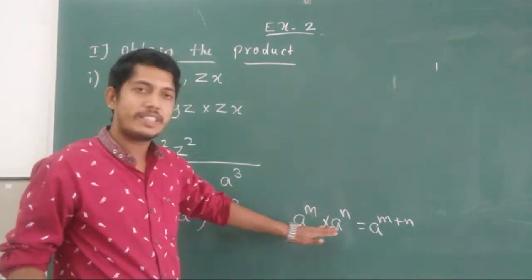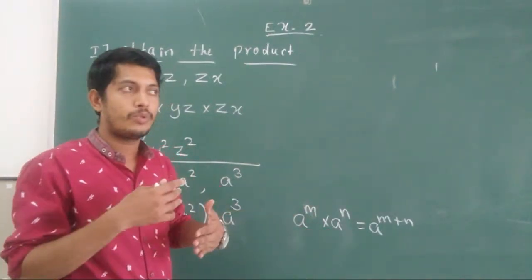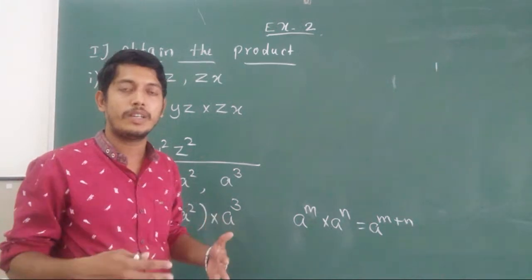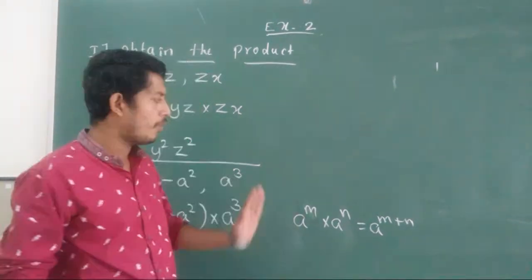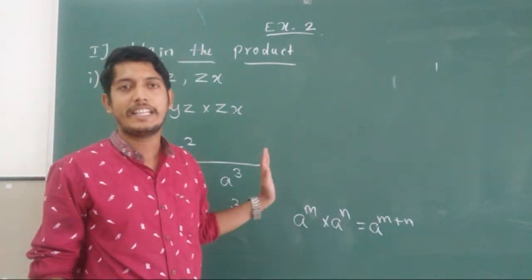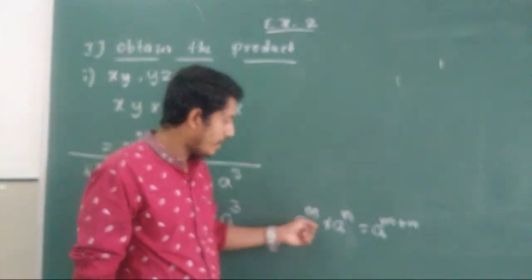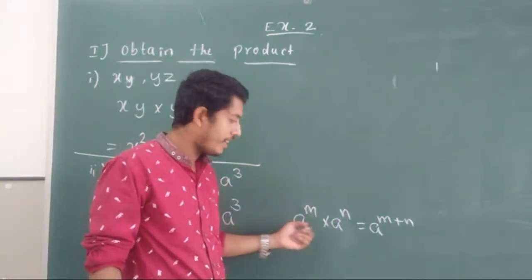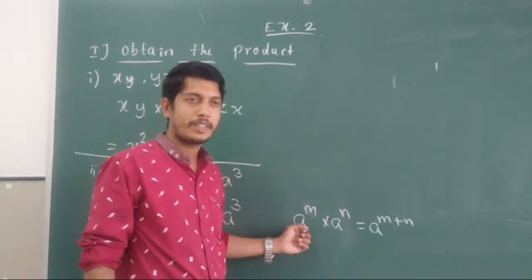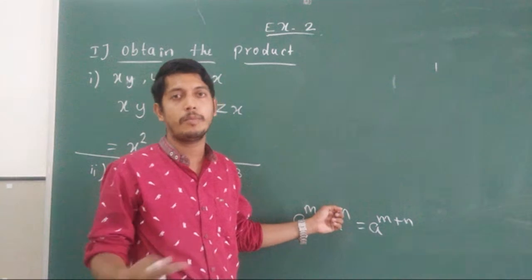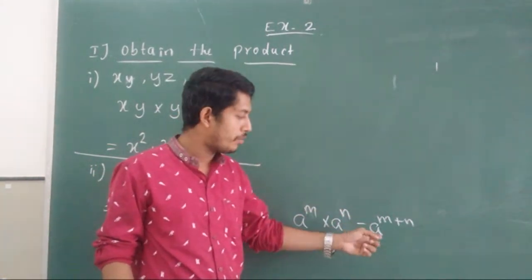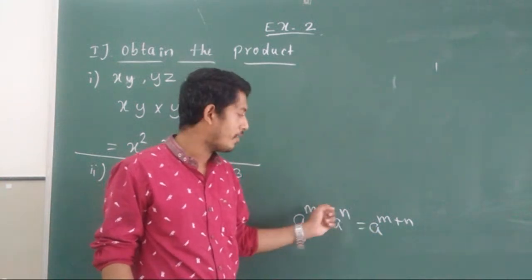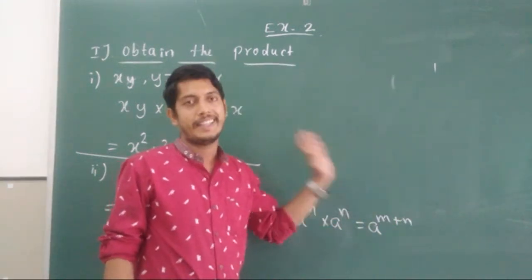When the base terms are the same and we multiply the two terms, we write the base as it is and add the exponent values. The exponents may be the same or different; it doesn't matter.